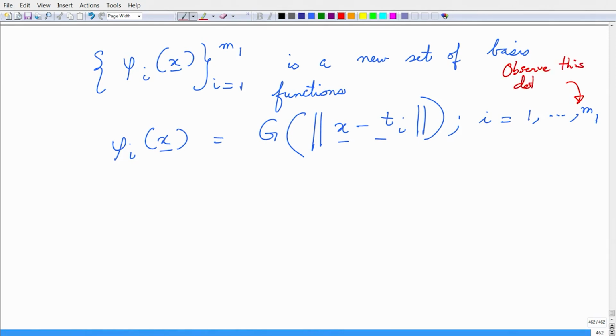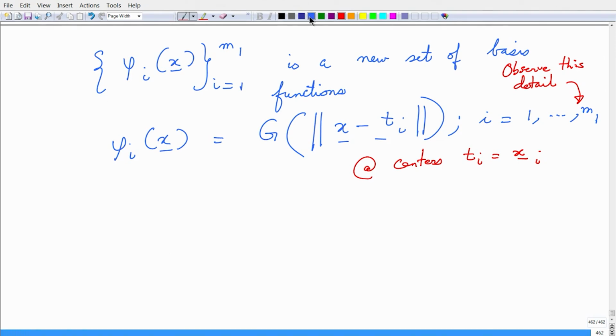Observe this detail, that we do not have capital N units, but we have M1 units, at centers t i equal to x i for some choice that I have here, i equals 1 to M1.